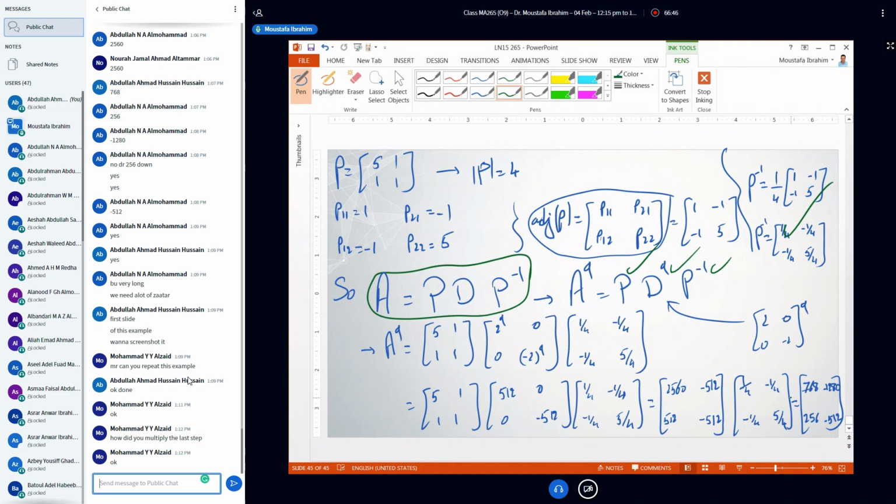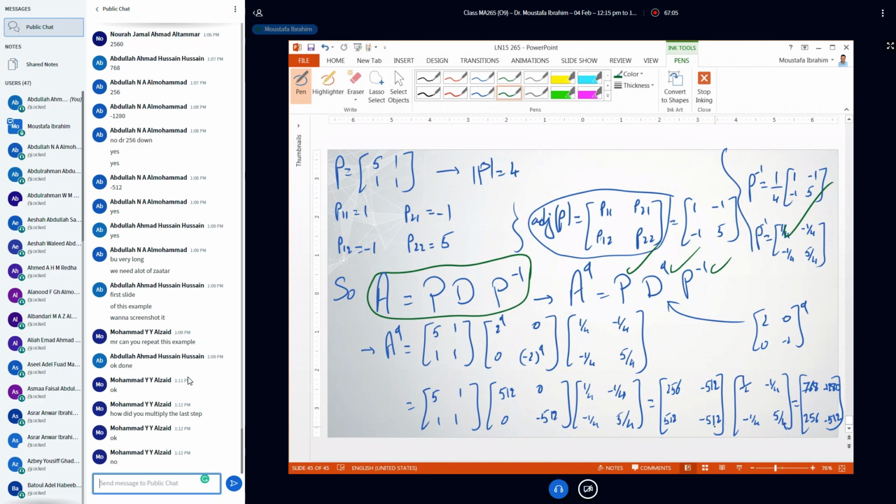Too simple. So here you multiply row by column, row by column, row by column, row by column, and you get the answers. You forgot it? Okay, that's it.